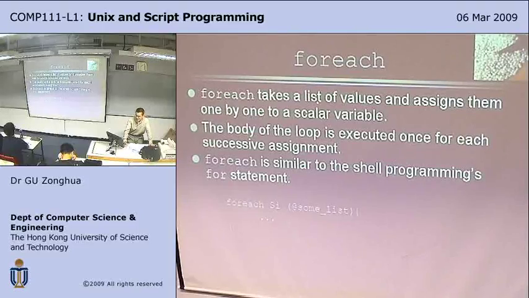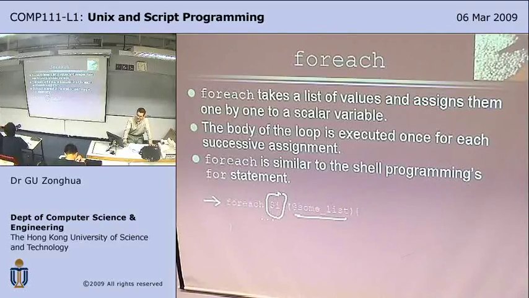Foreach takes a list of values and assigns them one by one to a scalar variable. So the loop body is executed once for each successive assignment, similar to shell programming's for statement. So for each $i is a scalar variable because it has a dollar sign, and this guy is an array or list variable because it has an @ sign.